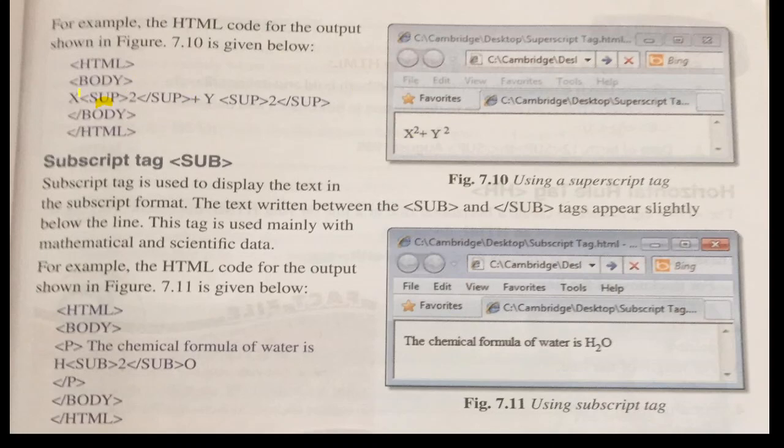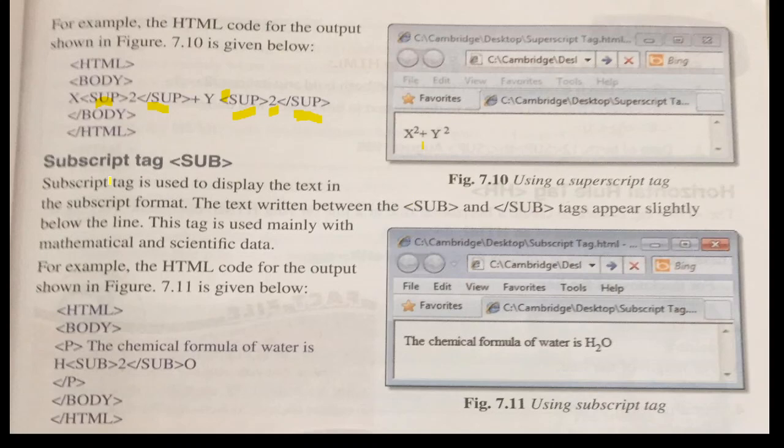As you can see here, x and then followed by the superscript tag and then the number, and then you need to close it, plus y, and then again you need to have a superscript tag here, then again the number and then close. So open, close. So this is the number.